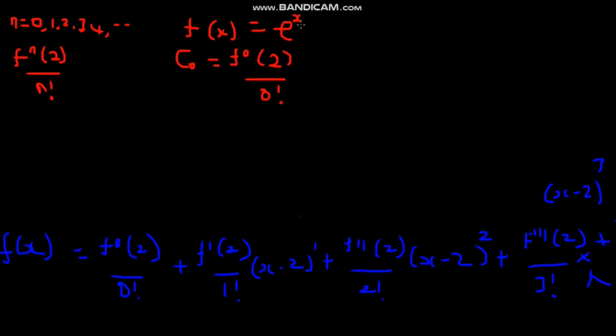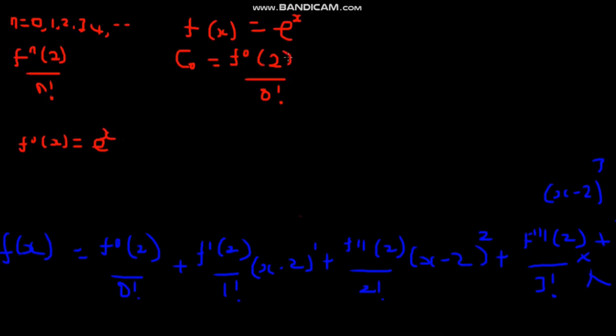So what will be the zero derivative of e to the power x? The zero derivative of the function gives us the function itself. It's like you are taking the zero derivative of it, so it will give you the same function.